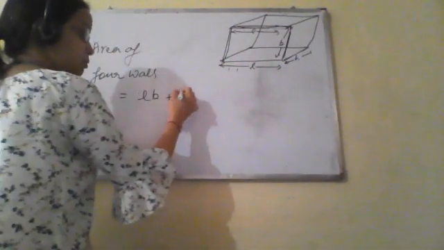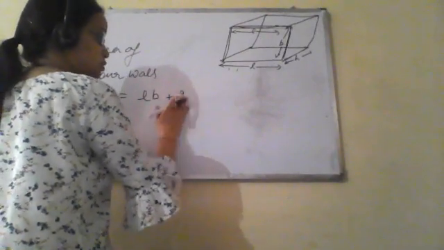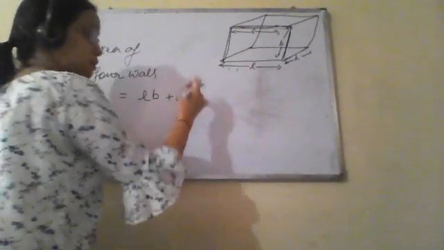This front wall will be L into B. Okay, and at the back again it will be L into B, because two walls are there.